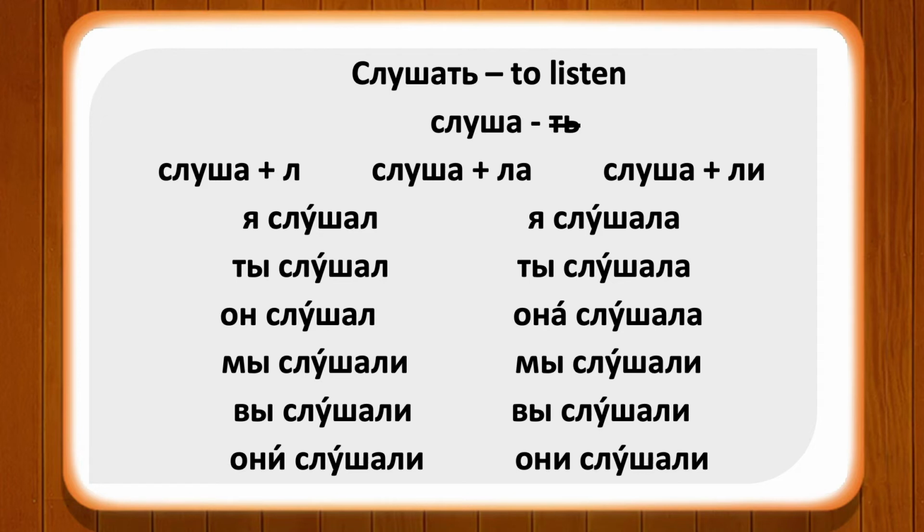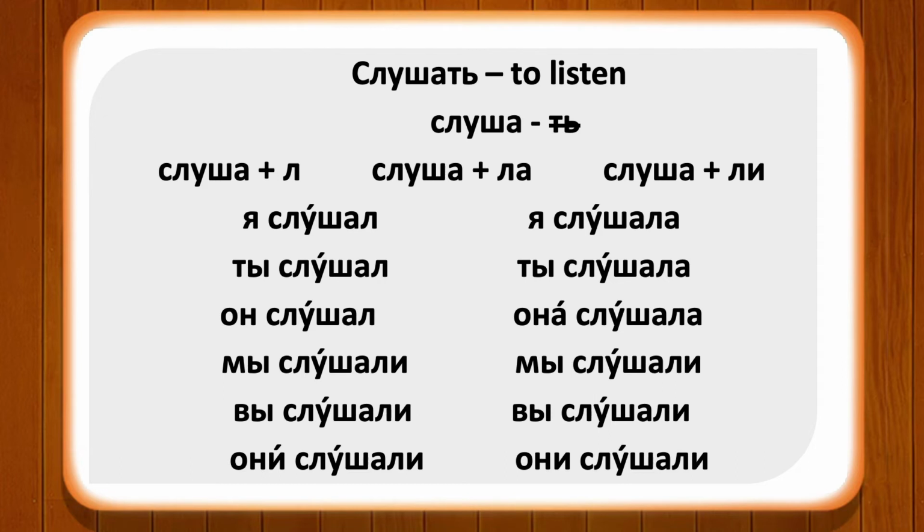So, we'll repeat again. The past tense form of the verb slushach would be ya slushal, ya slushala. It means I listened, I was listening. Ti slushal, ti slushala. It means you listened or you were listening.